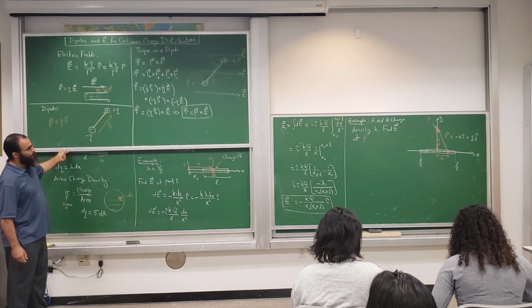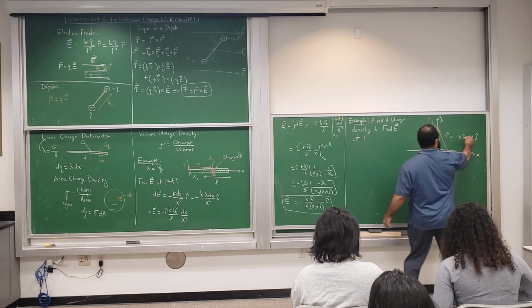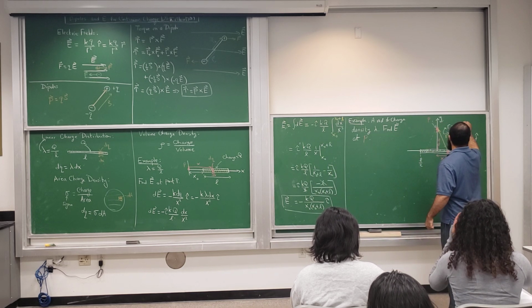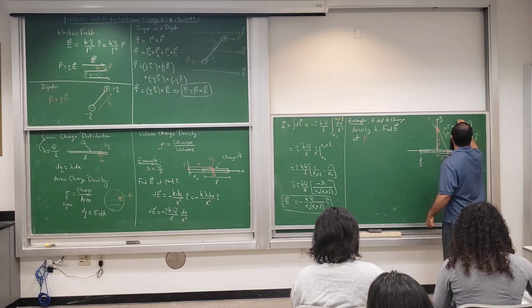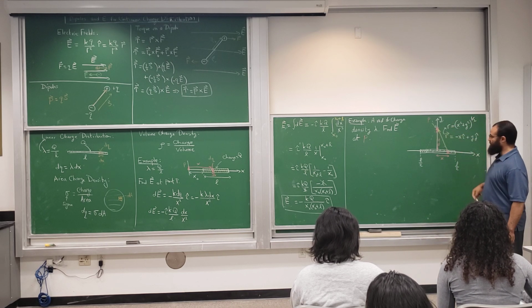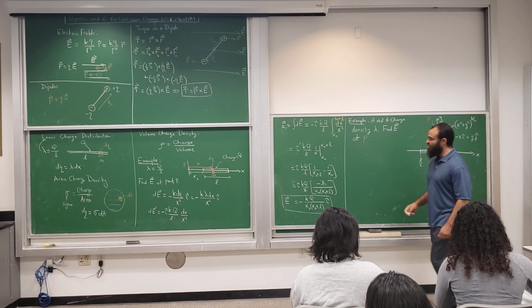Before I proceed, notice that the magnitude r is just equal to x squared plus y squared to the power 1/2. This is the hypotenuse: just square this and take the square root. That's the magnitude of r.